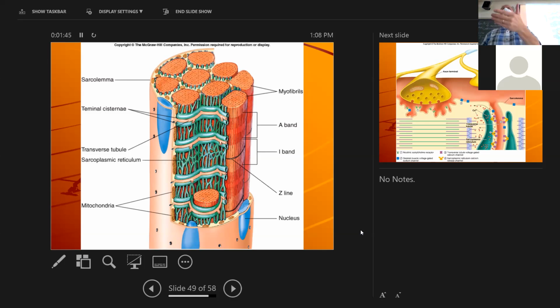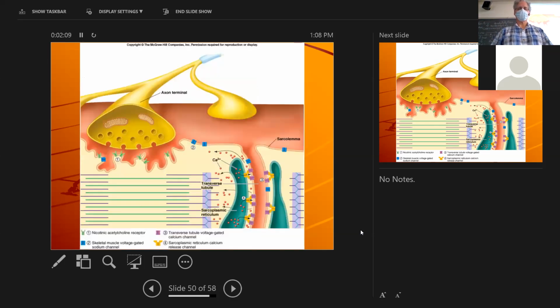So you depolarize the membrane, you get it to threshold, you open voltage-gated sodium and calcium channels. That depolarization will now be felt in the T-tubule, and there's a signal that's sent to the terminal cisternae as well. What does that signal look like?